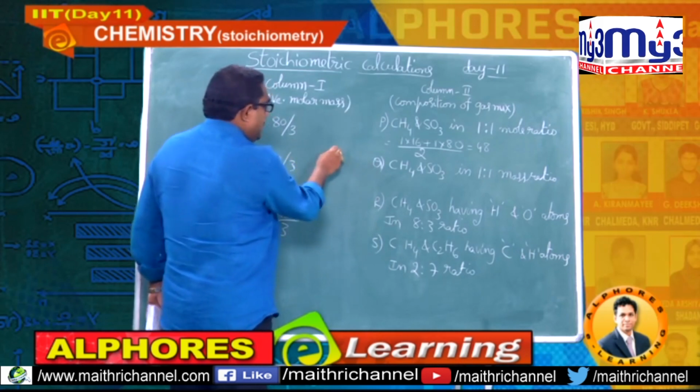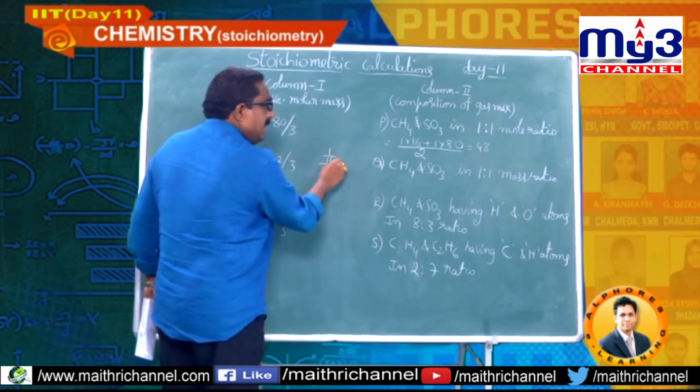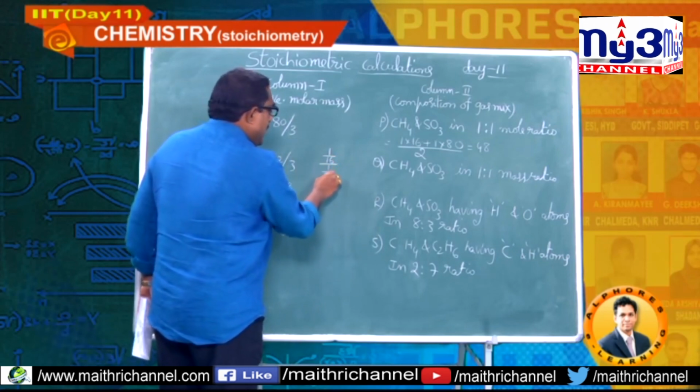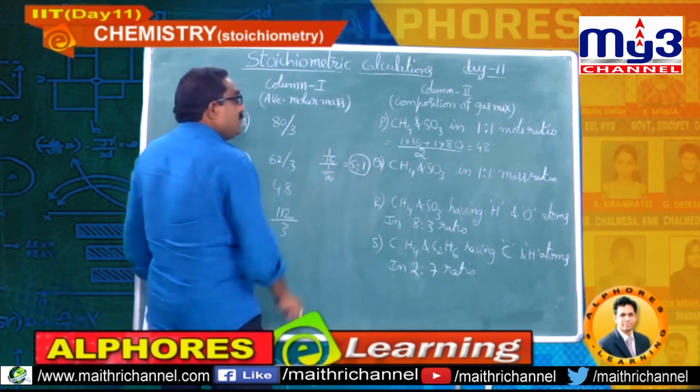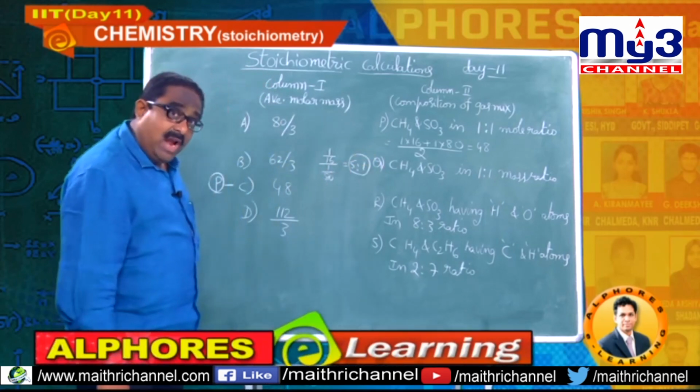Please concentrate students. 1 by 16 divided by 1 by 80. 80 will go to numerator. So, it becomes 5:1. So, molar ratio now is 5:1.